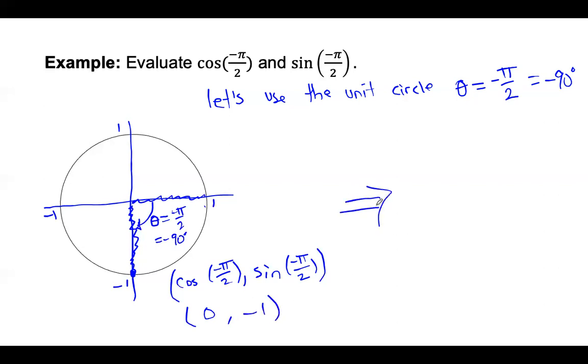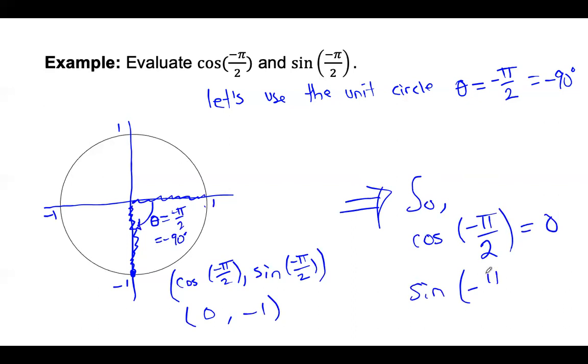This implies, of course, the cos of negative 90 degrees is 0, and the sine of negative 90 degrees is -1.